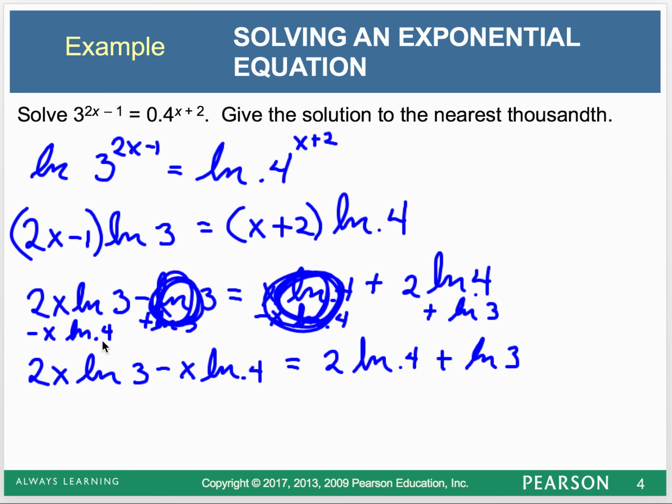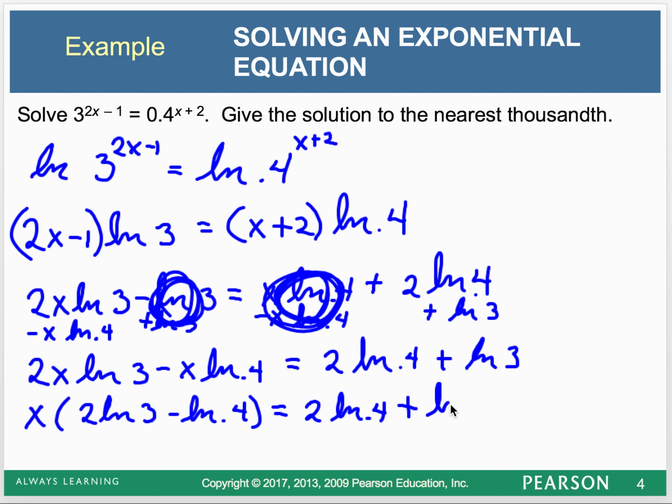Okay, now these both have an x, so I can factor an x out. Just factor an x out, just like regular algebra on any other kind of problem. Don't let it mess with your head that we have these LNs or logs or anything in there. Just treat them like a numeral.